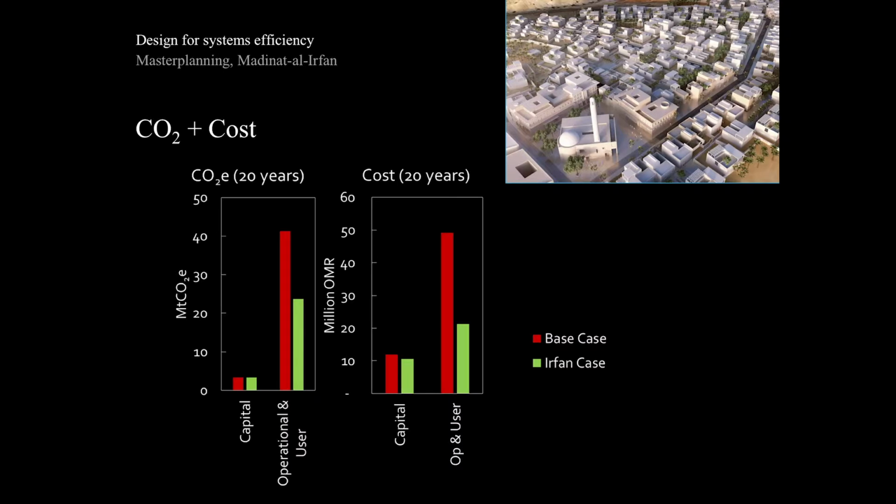And this is an example of a master plan in a suburb of Muscat in Oman. Madinat Al Irfan is a showcase of how thinking about carbon reduction and efficiency of a system gives you much more significant savings of carbon and cost than just the sum of the individual carbon reductions you can achieve at individual parts of the system.